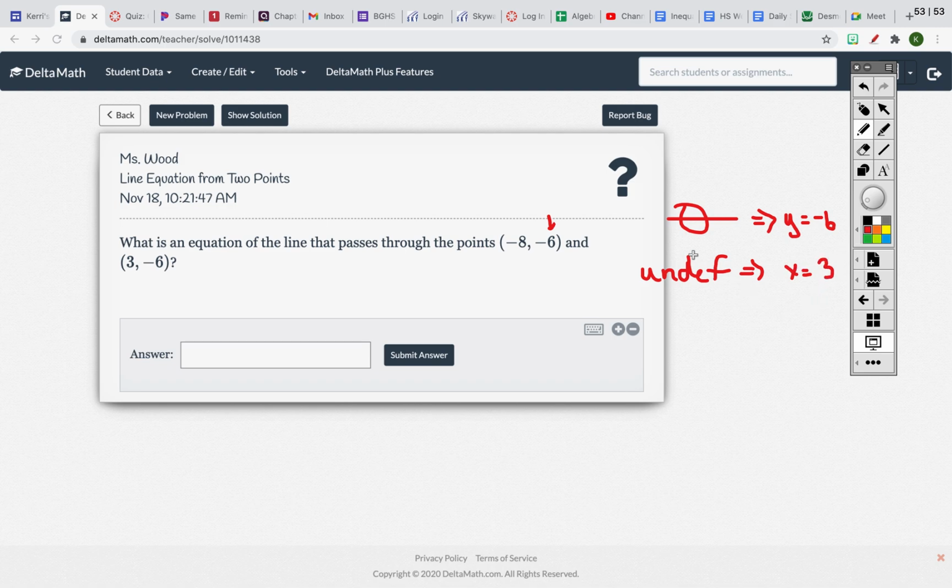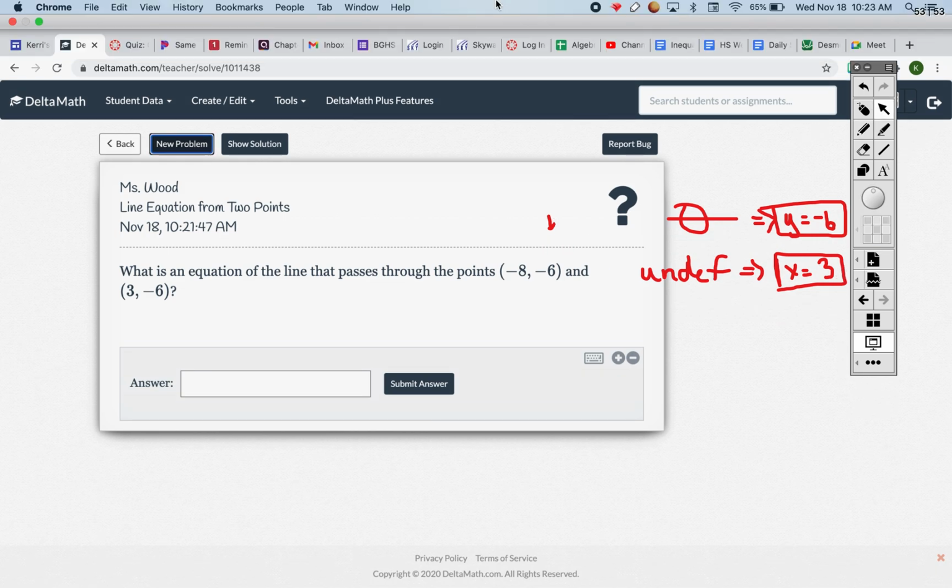So if you solve for the slope and you get the equation to be, the slope is 0, the equation is simply y equals, and then you substitute in your y value. If you get the slope to be undefined, the equation is x equals, and you plug in your x value. That's all you need to do for these questions.